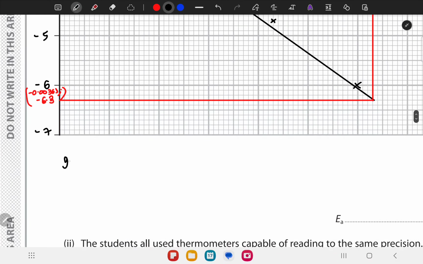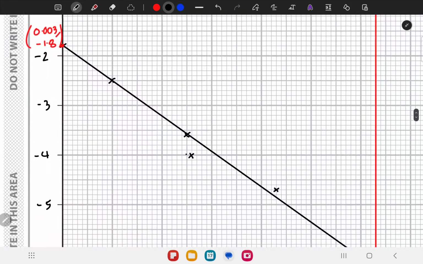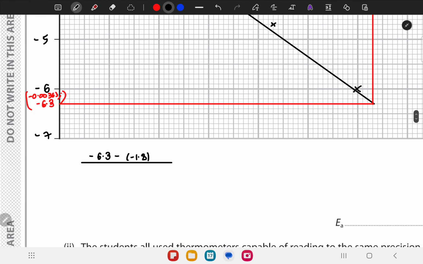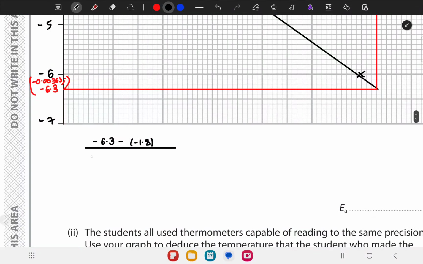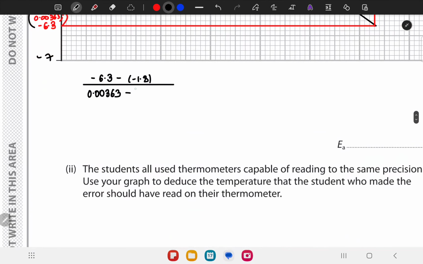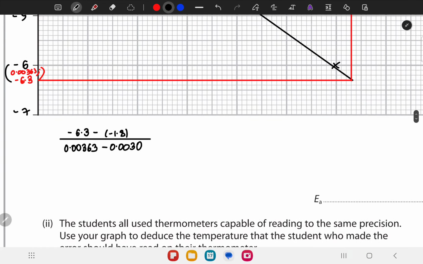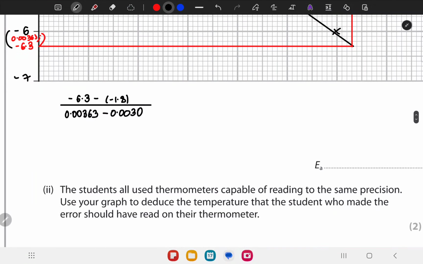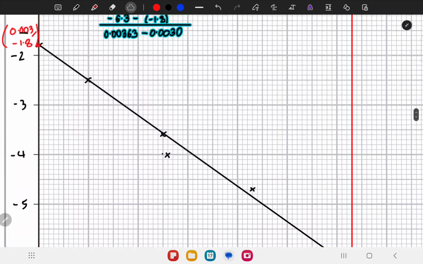If we calculate the gradient, it will be y2 minus y1, which is minus 6.3 minus minus 1.8, divided by x2 minus x1. So 0.00363, this won't be negative, and subtract 0.0030. This is our gradient over here.